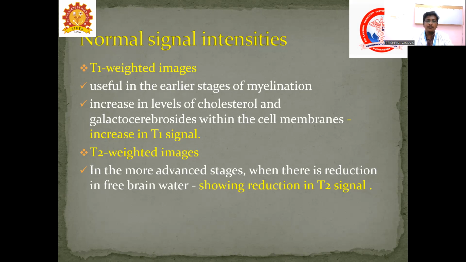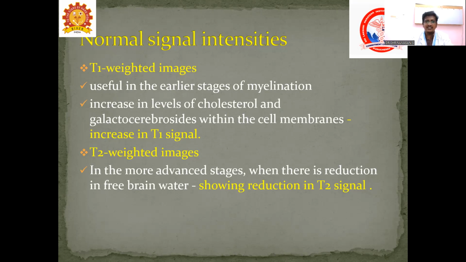The earlier process of myelination depends on fat containing materials like cholesterol and galactocerebrosides within the cell membranes. These particles will be present more in the initial stages, so in the earlier stages of myelination there will be an increase in T1 signal.